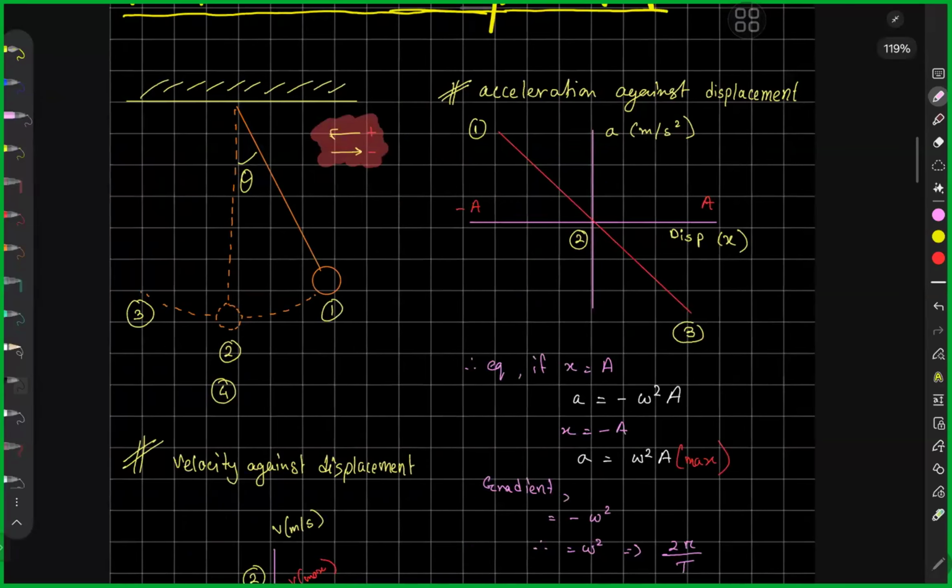If they're giving you such a graph and saying when the displacement is negative and acceleration is positive, you go by whatever they've given to you, right? So if they show over here that position one is negative displacement, so they're taking right as negative and left as positive.